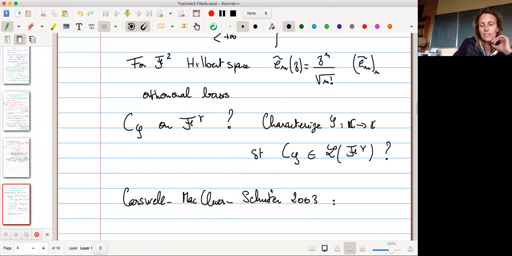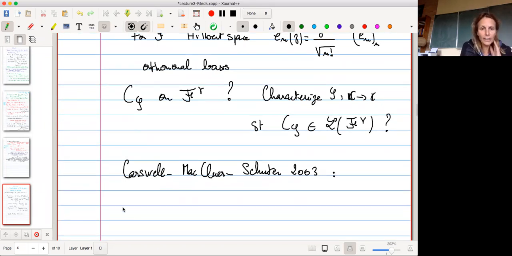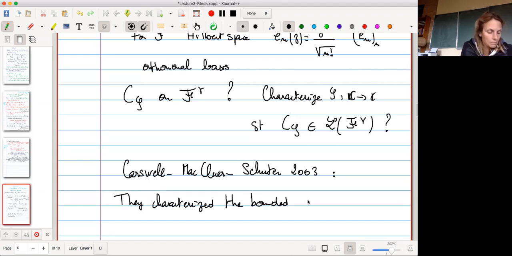In the case of F2, they characterized the bounded composition operators as follows.